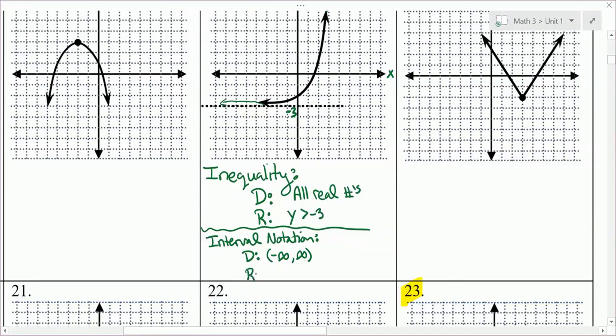For the range, the lowest value is always on the left side, highest value on the right side when you're doing interval notation for the domain or range or anything else. Whenever you do interval notation, always go smaller to larger. So the smallest value is going to be -3, and I'm going to use a parenthesis because the parenthesis indicates it's not going to be equal to -3. It's just your boundary starts there. If I want it to equal -3, I'd put a bracket. And then it's going to go as high as we want, so all the way up to infinity. And always use parentheses with infinity.